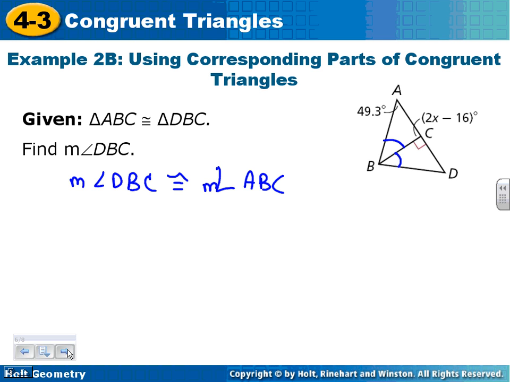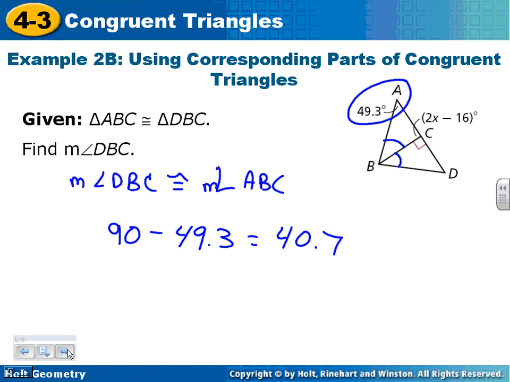And if you look, this angle up here, angle A, is 49.3. Well, if I take 90 and subtract 49.3, that would be 40.7. That means that 40.7 is that angle, and it's that angle. 40.7 would be my answer.